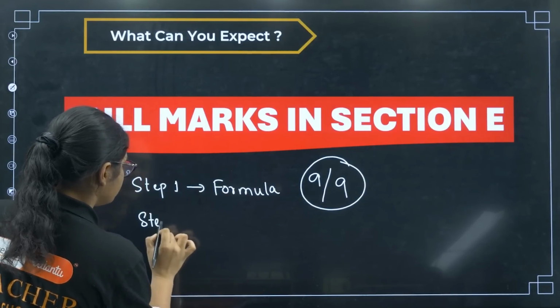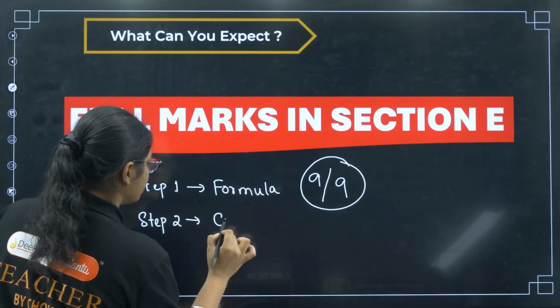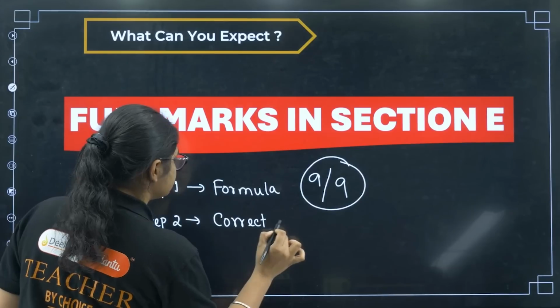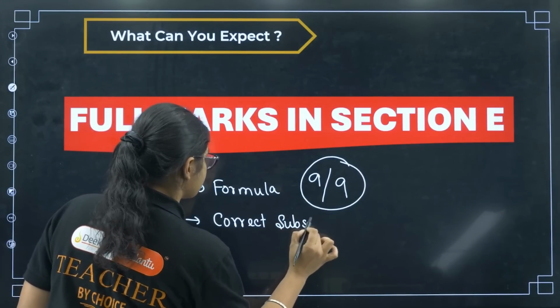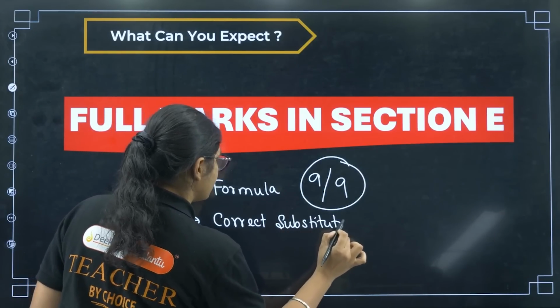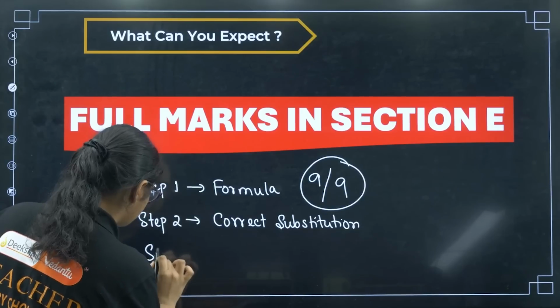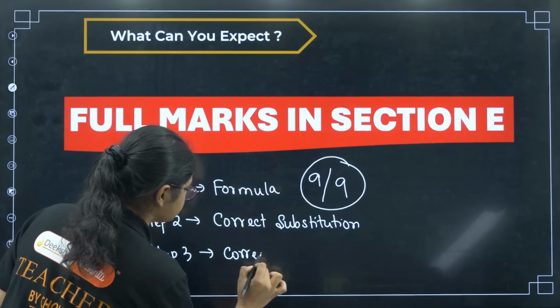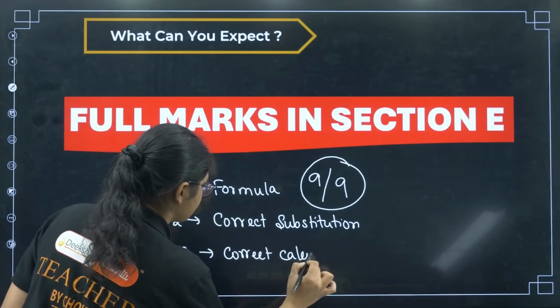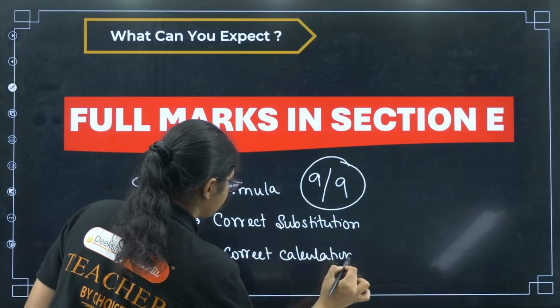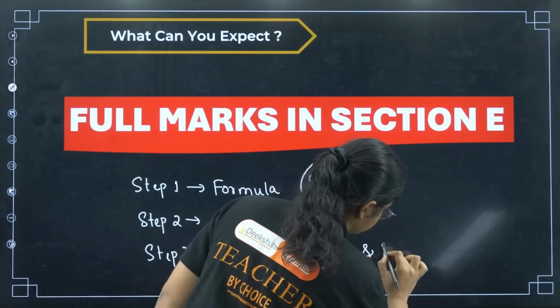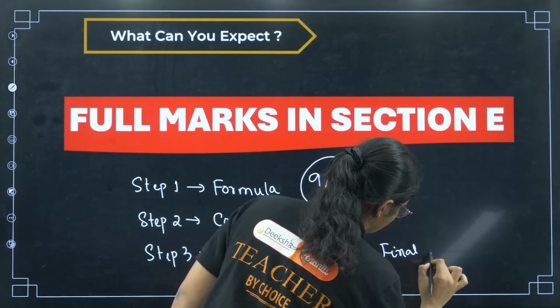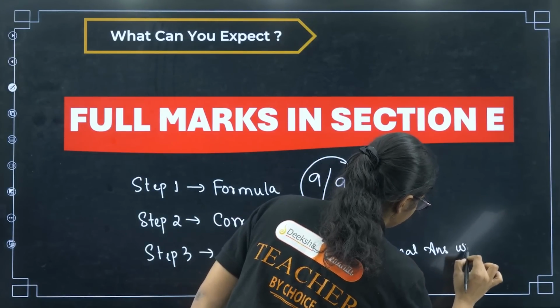Step number 2 is correct substitution, writing the correct values. Step number 3 is correct calculation and final answer, with units.